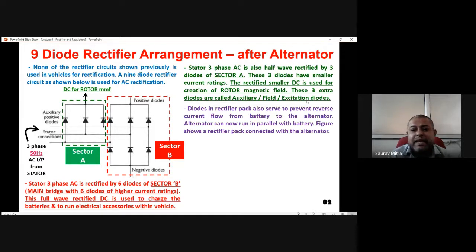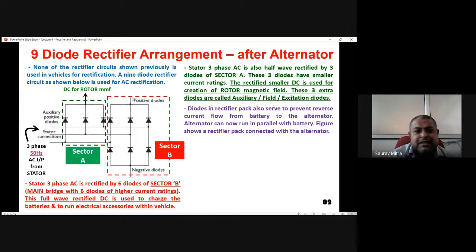And they are called excitation diodes because they are creating the MMF inside the alternator, that magnetomotive force is created. So this supply is actually exciting the rotor coil with a kind of excitation supply. That's why it is called an excitation diode. Okay, now in some cases you will find these 3 diodes are not used.